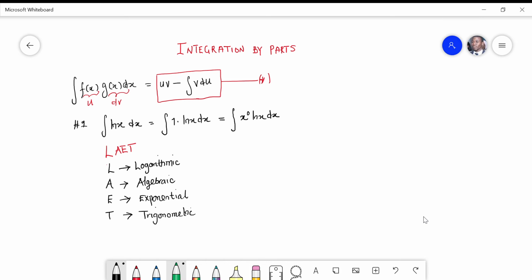So what we're doing is we're going to choose our u in this order. This is how we're going to identify our u. All right, u identification.